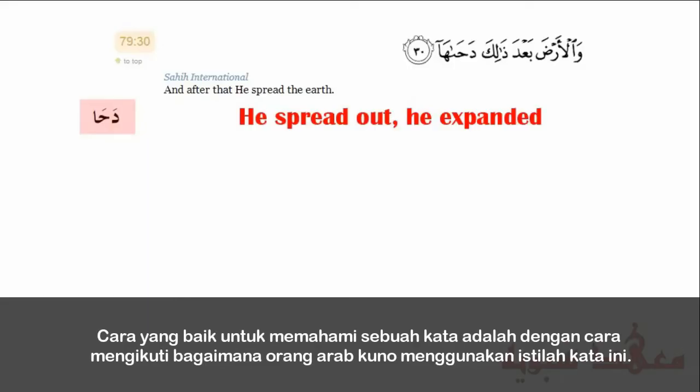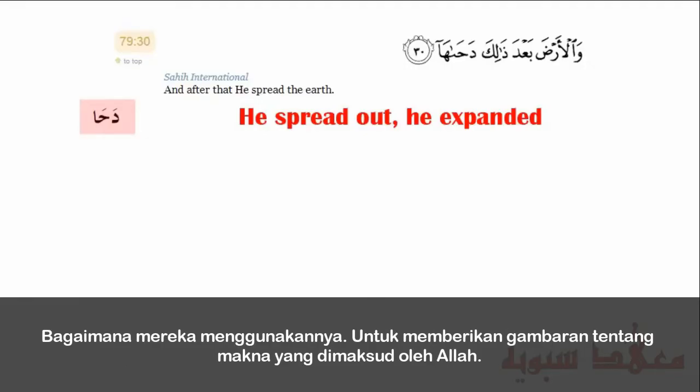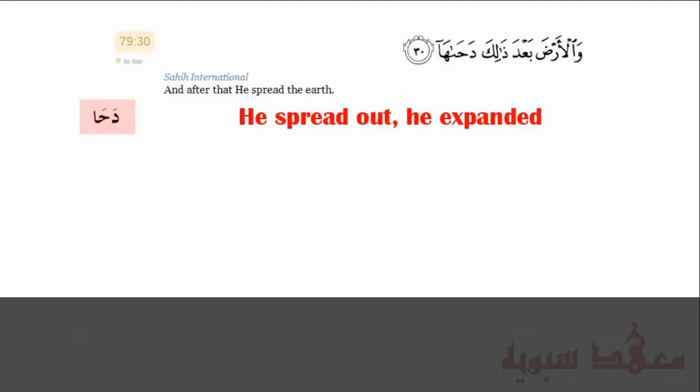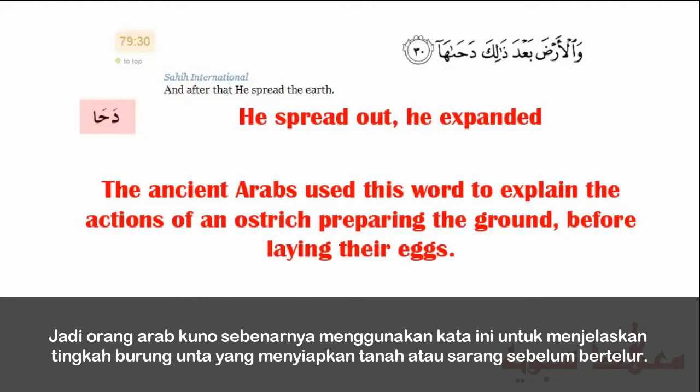A good way of understanding a word is to go to the way that the ancient Arabs used this word. How did they use it? It would give an idea of what Allah subhanahu wa ta'ala meant. So the ancient Arabs actually used this word to explain the action of an ostrich preparing the ground or the nest before laying their eggs.